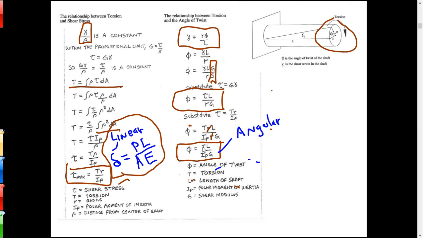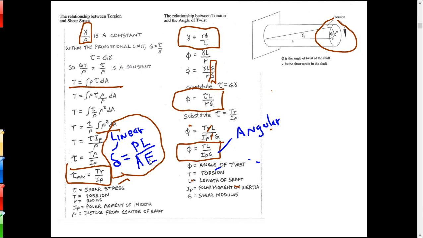Phi is an angular deformation. Here I have torsion. Here I have load. They're analogous to each other. The lengths of the members relate to each other, so I've got L and L. Then I've got the moment of inertia for a shaft versus the area for something that's under axial loading.